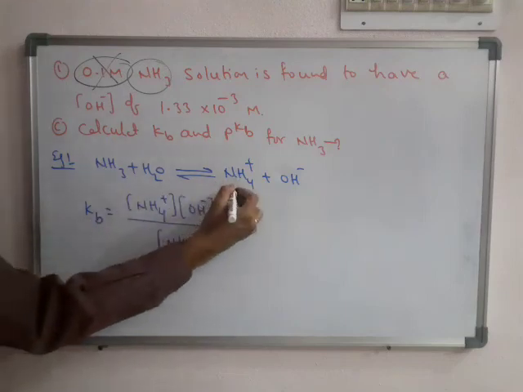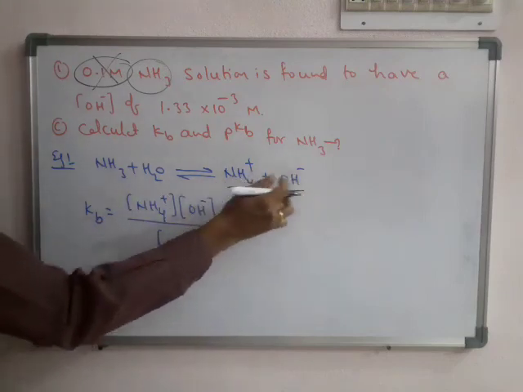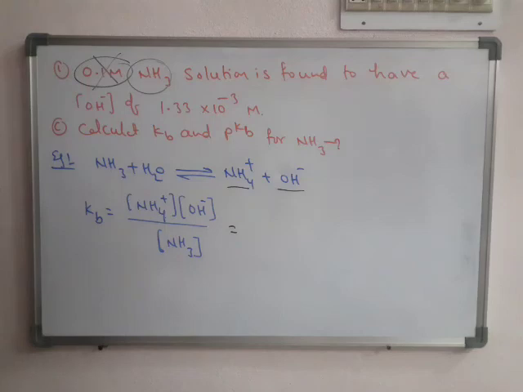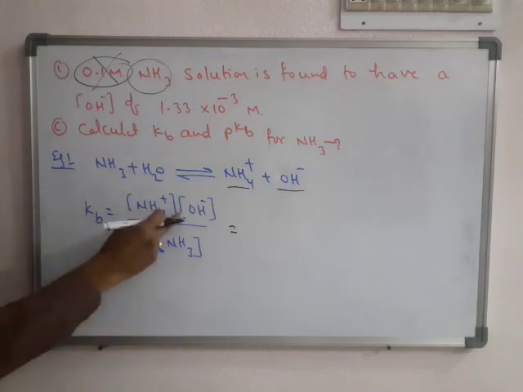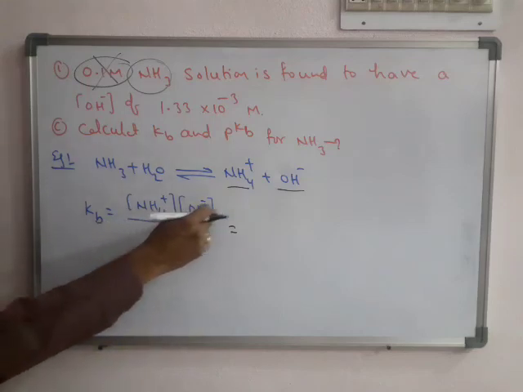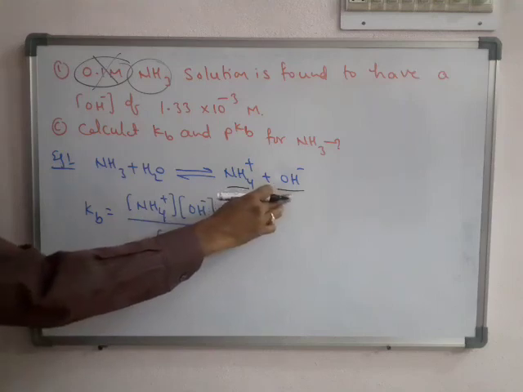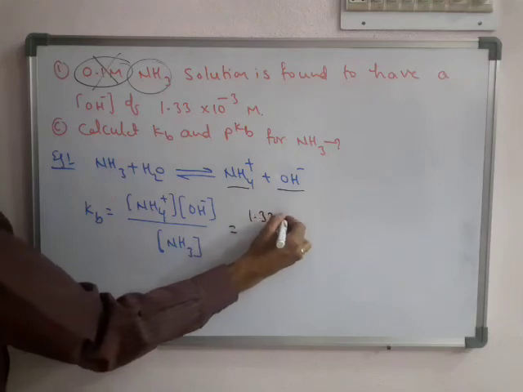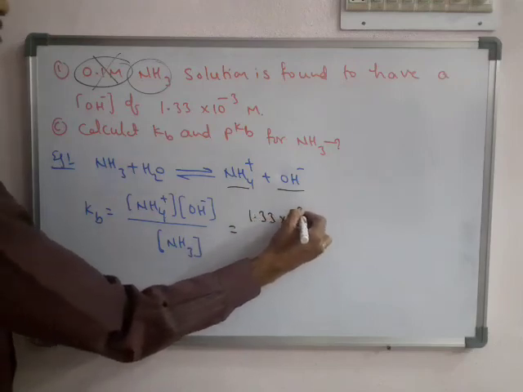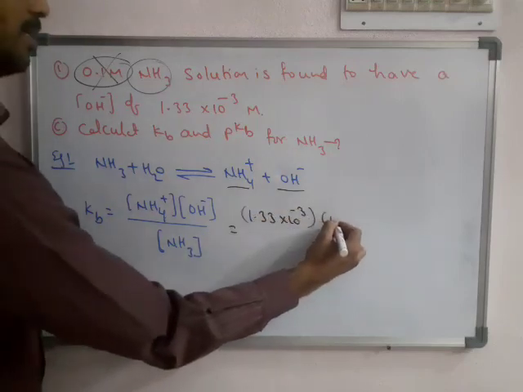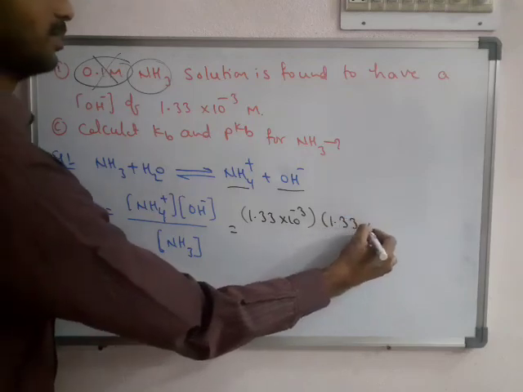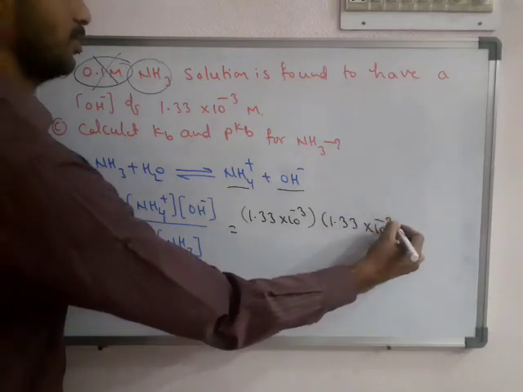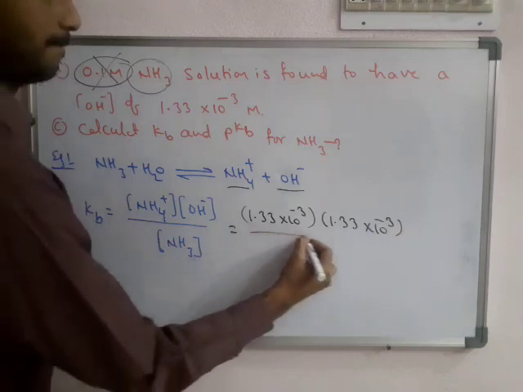It is in a 1:1 ratio, which means the concentration of NH4 plus is exactly equal to the OH minus. The OH minus concentration is given as 1.33 into 10 power minus 3, and again 1.33 into 10 power minus 3.